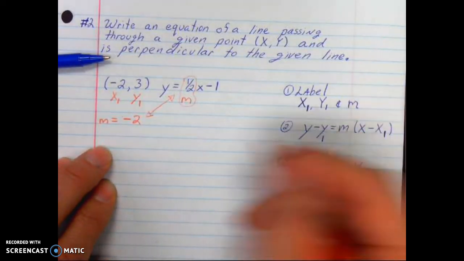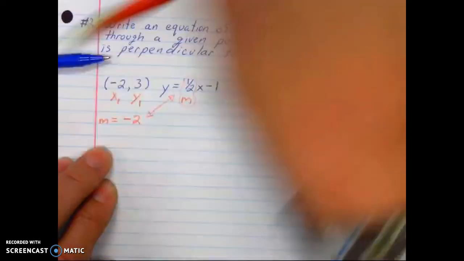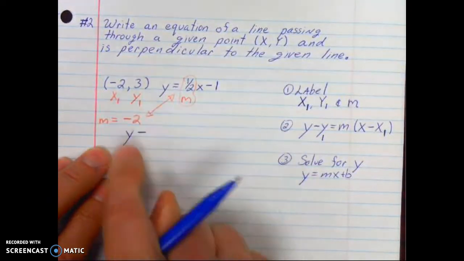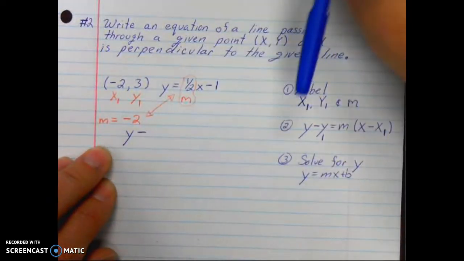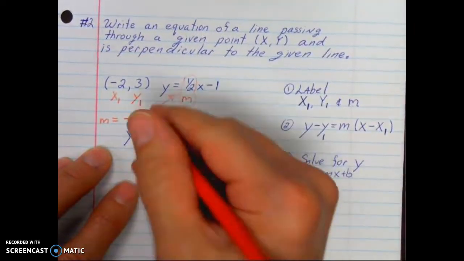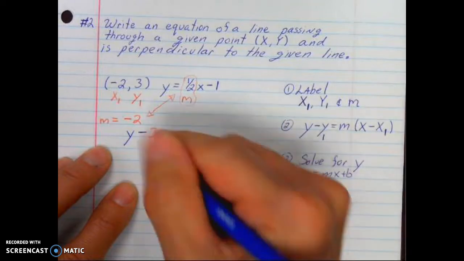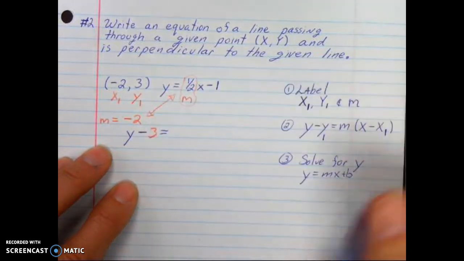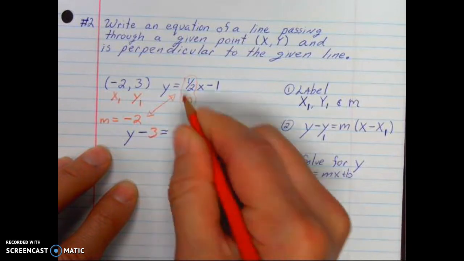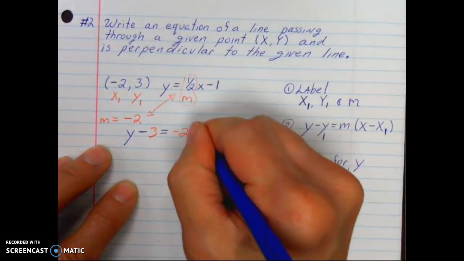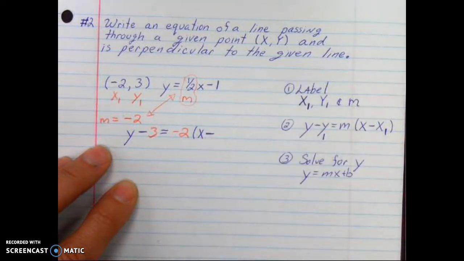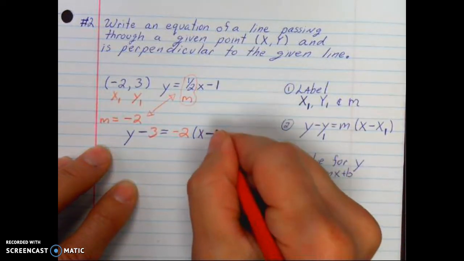So here is my y. Remember, put that minus sign there first, just in case the y1 is minus, but y1 is just 3. Equals, put in my new perpendicular slope, so that's -2, not the 1/2. Put the x and put the minus sign first, and then my x1 is -2.